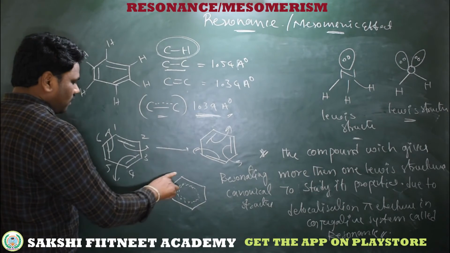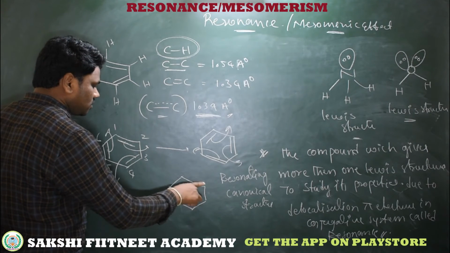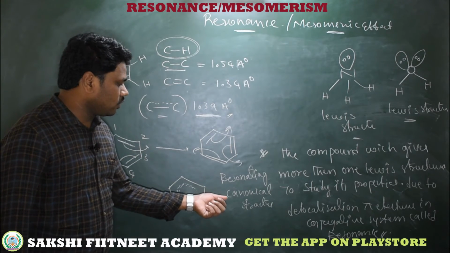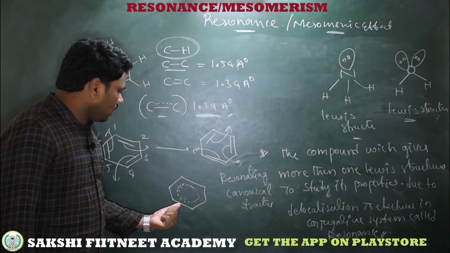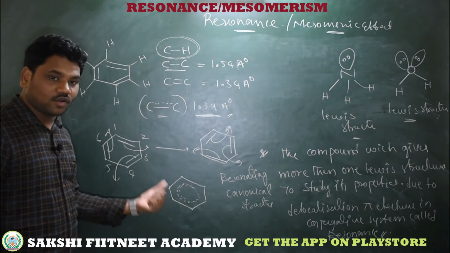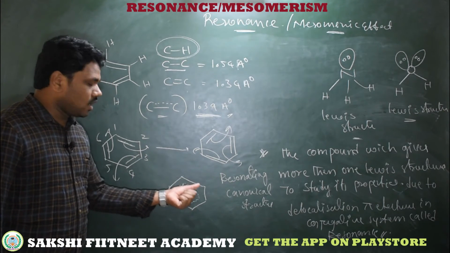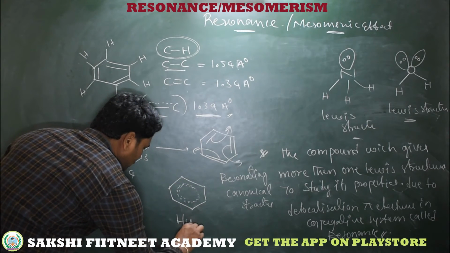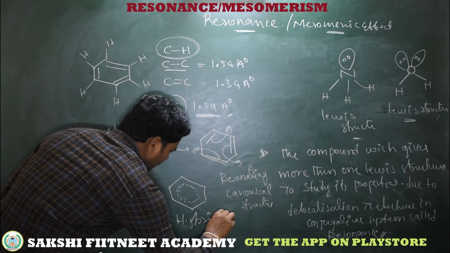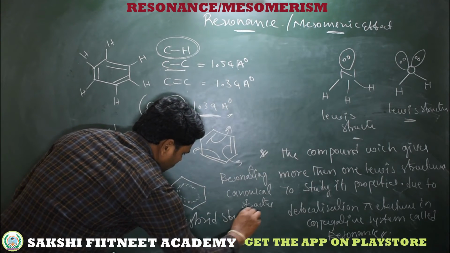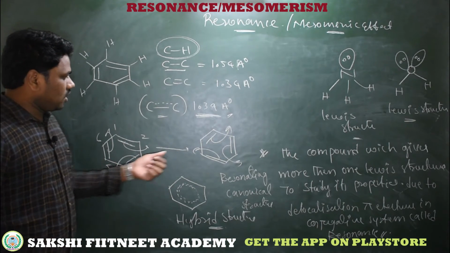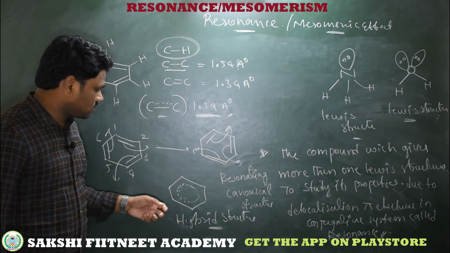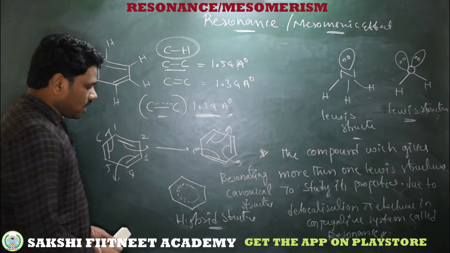Here, taking the least energy system, this is the equivalent structure of these two, which shows the effect of this resonance, called a hybrid structure. So these are called resonating structures, and the equivalent of all the resonating structures we write like this. This is called a hybrid structure.